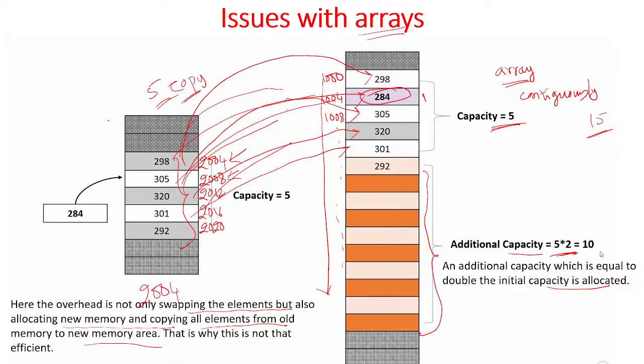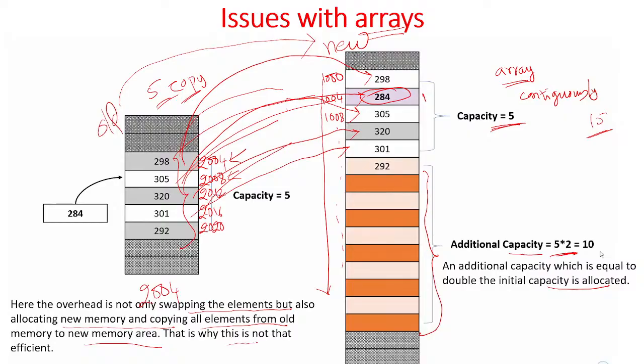So this is the old memory, then finding the new memory, allocating new memory here and copying from old memory to new memory. All the elements copying is the overhead which slows down your program.